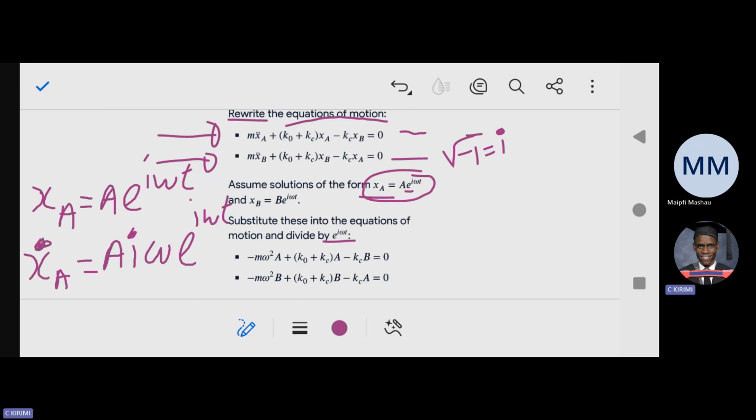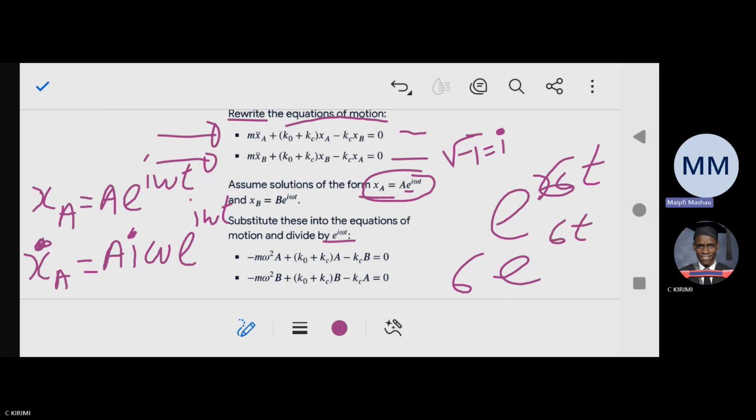How do you differentiate an exponential with respect to time? Don't you introduce ln? E to the power 6t, you differentiate, you get 6 e to the power 6t.